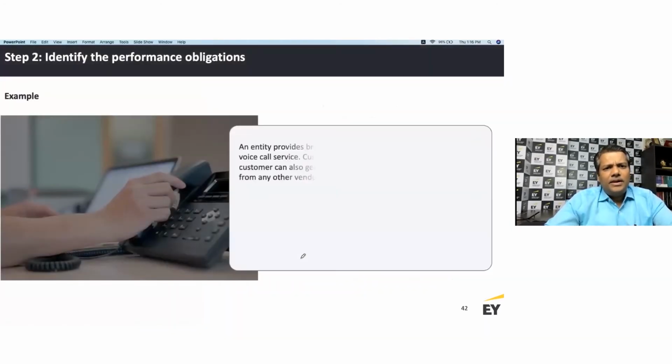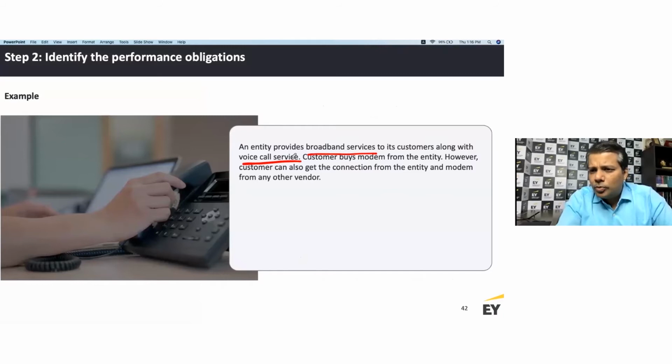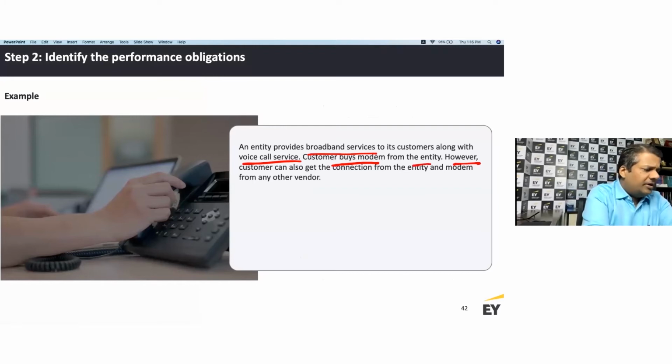This example in a way suggests that the entity provides broadband services to its customer along with voice calls. So I'm doing broadband and I'm also providing calling, right? Now the customer buys the modem from the entity. However, the customer can also get the connection from the entity and the modem from any other vendor, right?